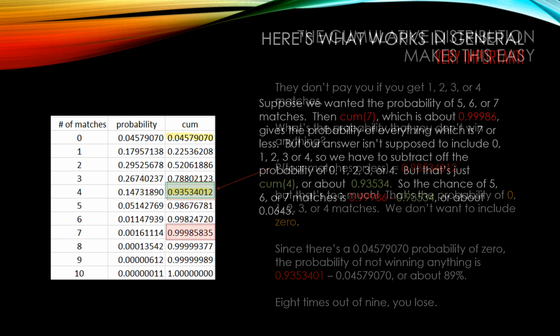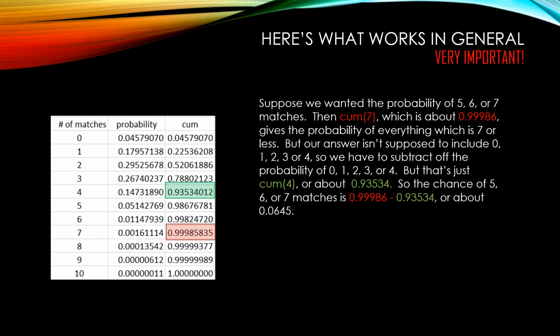Okay. This in a more general context. Suppose I wanted to know the chance of having somewhere between 5, 6, or 7 wins. That's something in this part of the table. Well, I could start out by saying how likely is it that I get 7 wins or less? And as you can see, it's really quite likely, about 99.98%. But I don't want everything from 7 on down. I only want the things that are 7 and 6 and 5.